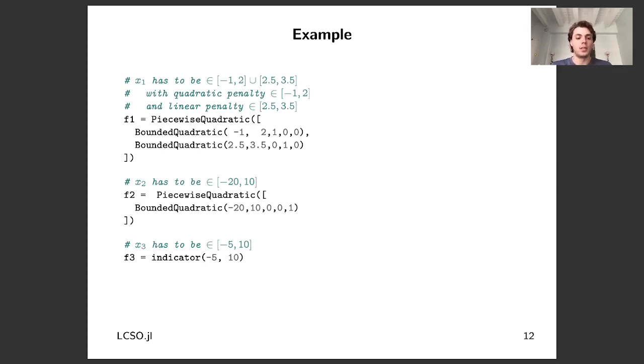So it just saves some code there. So it translates to a piecewise quadratic with a single bounding quadratic on the interval of -5 to 10 with a constant penalty of 1. And we'll require that x4 has to be exactly 1.231. And we do that by making an indicator where the lower and upper bounds are the same.